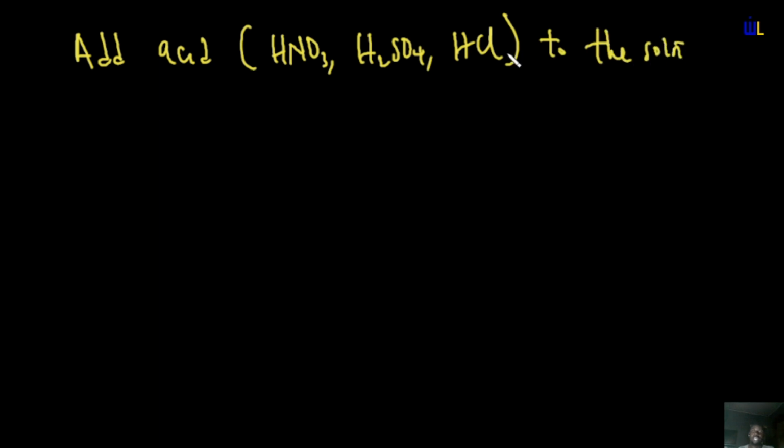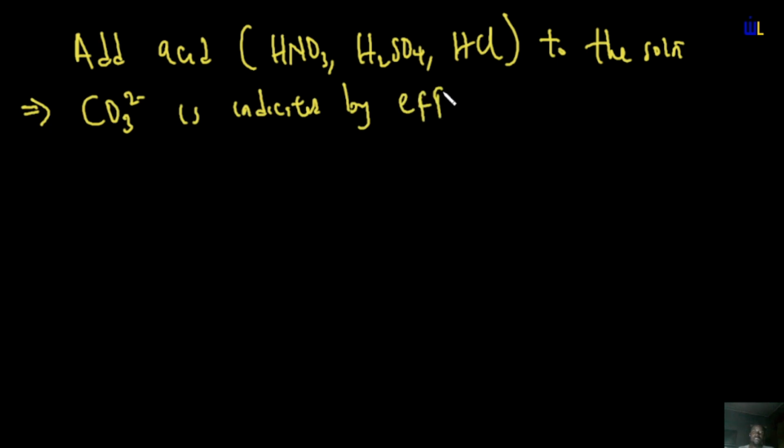Once you add an acid to the solution, what are you going to see to indicate CO3 2-? It is indicated by effervescence. What I mean is, if you open a Pepsi bottle or a Coke can and you have that foamy sound, that is as a result of the high pressure because of the gases produced.